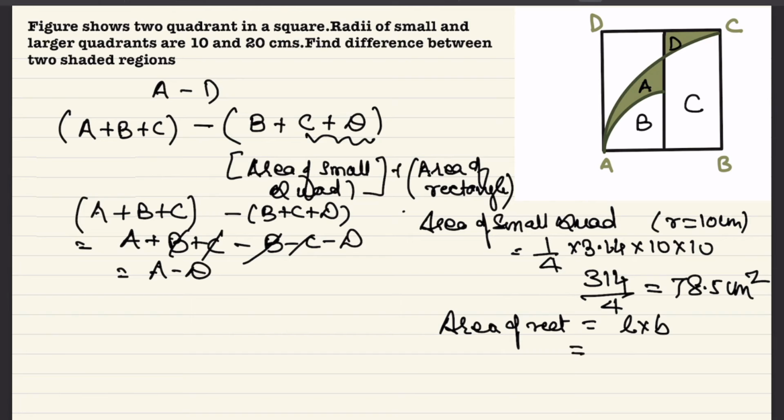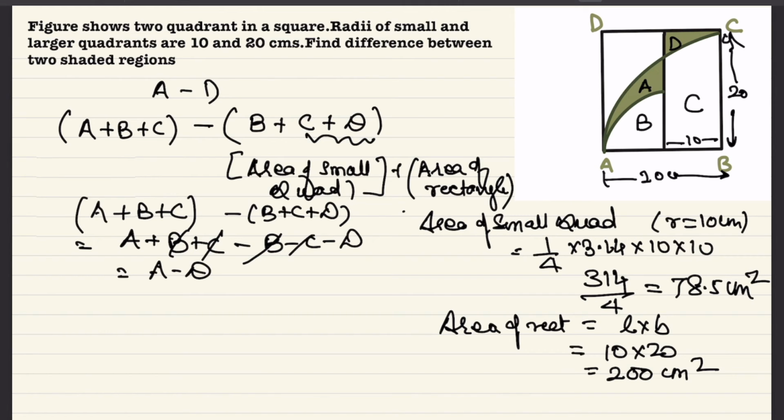Now the area of the rectangle is given by length into breadth. This radius was 20, so this will be 10 and this is 20. So the area of the rectangle, length into breadth, will be 10 into 20, which is equal to 200 centimeter square. So our answer will be 314 minus 200 plus 78.5.